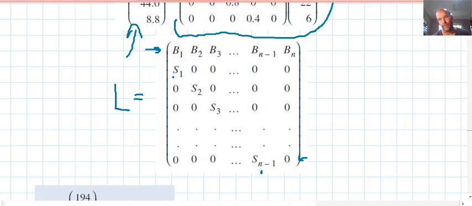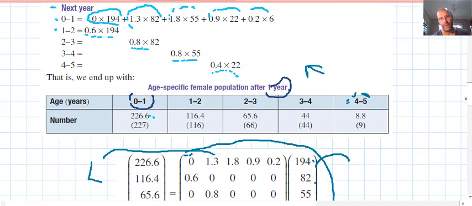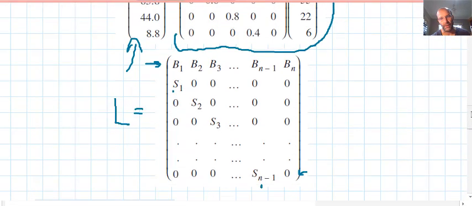Alright, that makes sense, because remember when we saw back here, that 0.4 was for the second last group, because the final group had a survival rate of 0, so they didn't form part of the calculation, and thus they don't form part of the Leslie matrix.